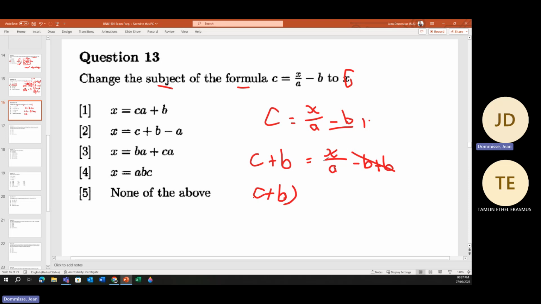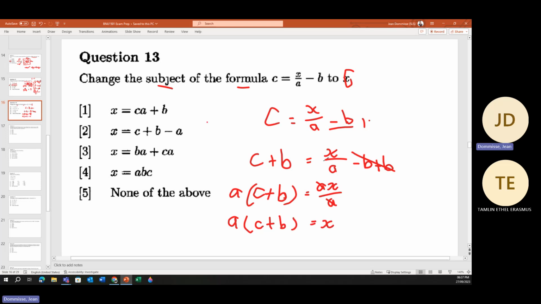And then I would say, but I want to get rid of a, so I will multiply both sides by a. So again, if we have a times x over a, those two will disappear. So I'm sitting with a times (c plus b) in brackets is equal to x.